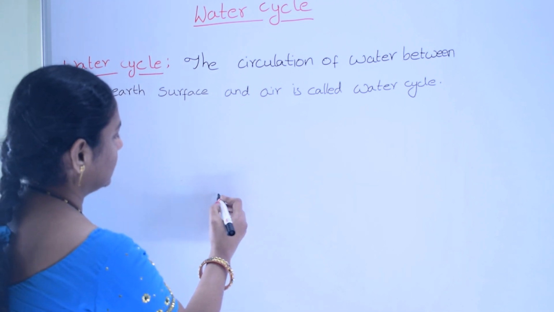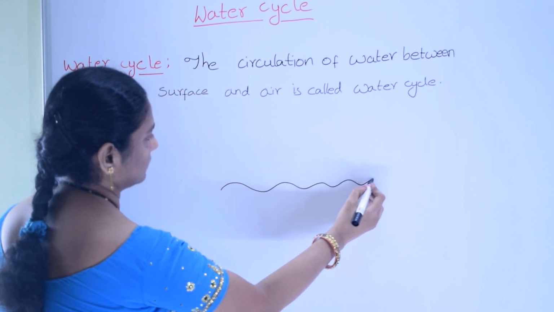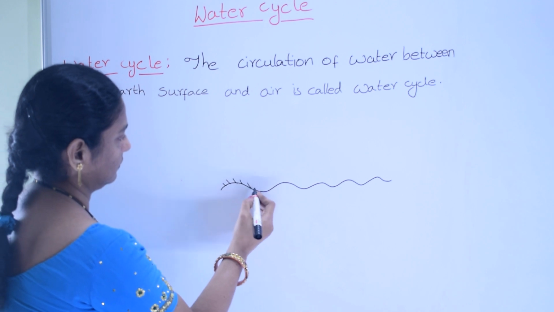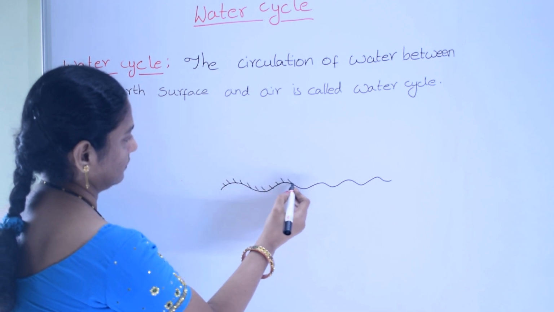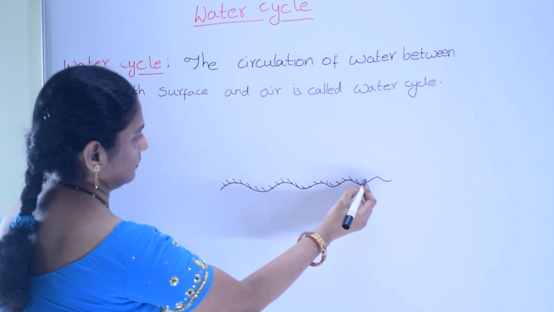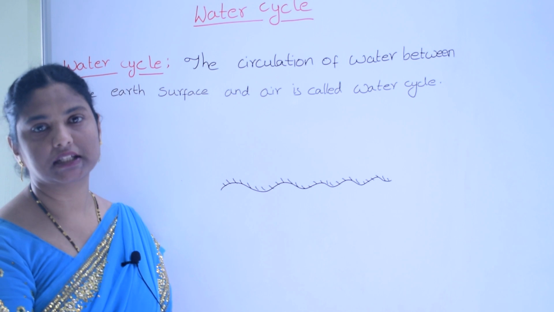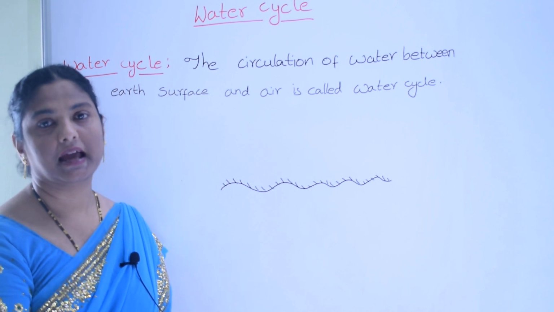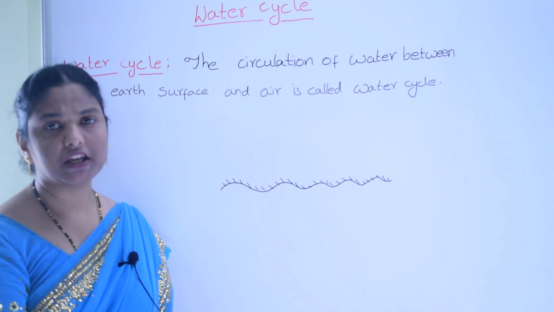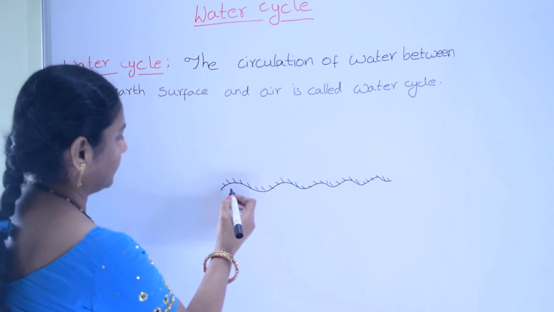This is the earth surface. Which type of water bodies are present on the earth surface? Like seas, oceans, lakes, rivers. These type of water bodies are present on the earth surface.